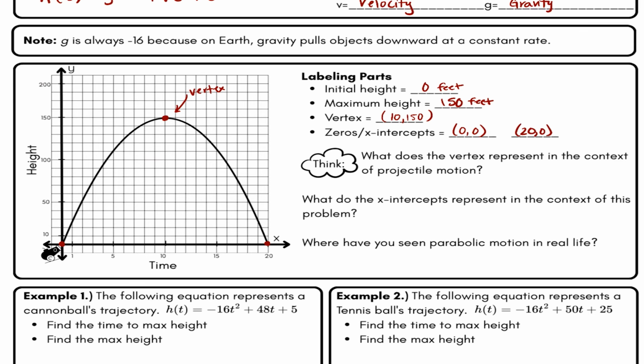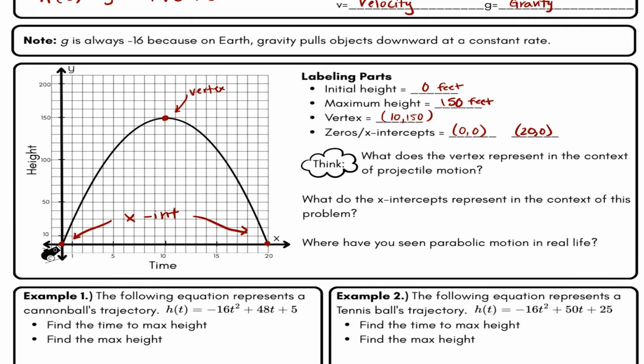Now that we have all of our things labeled, let's actually label these. These are our x-intercepts. I want us to think about it. What does the vertex represent in the context of projectile motion? So when we're looking at the image in front of us, the vertex represents the time it takes for the object to reach its maximum height.